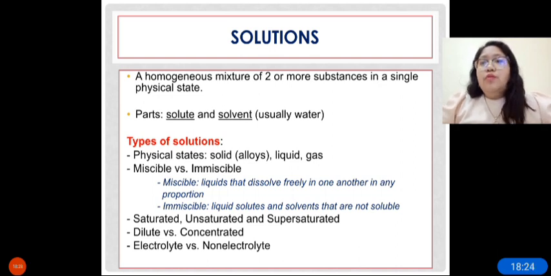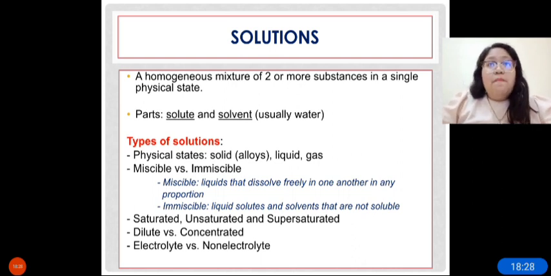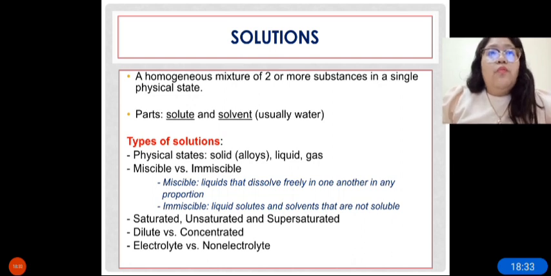Okay, so solutions could also be classified as miscible or immiscible. When you say miscible liquids, these are liquids that dissolve freely in one another in any proportion. While immiscible liquids are liquids that are not soluble in each other.